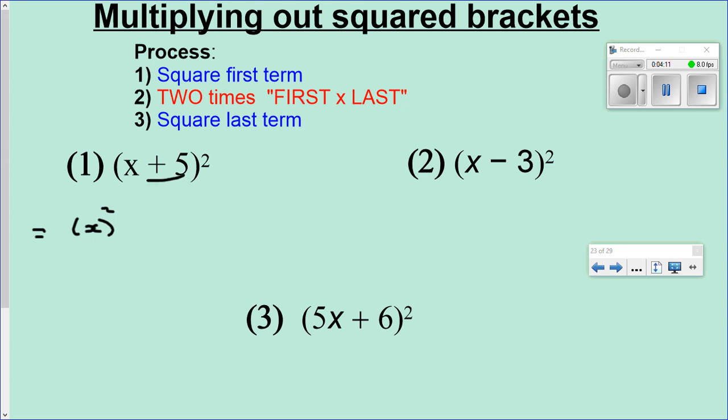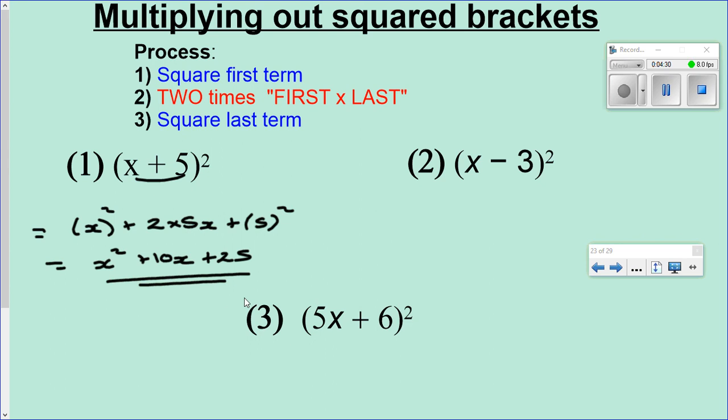So I'm going to do 5 times x, which is 5x, but I have to do 2 times that. So 2 times 5x, and then square the last term, 5 squared. So then I'll have x squared, 2 times 5x is 10x, and then 5 squared is 25. And that's our final answer. Every single time we're going to do that.